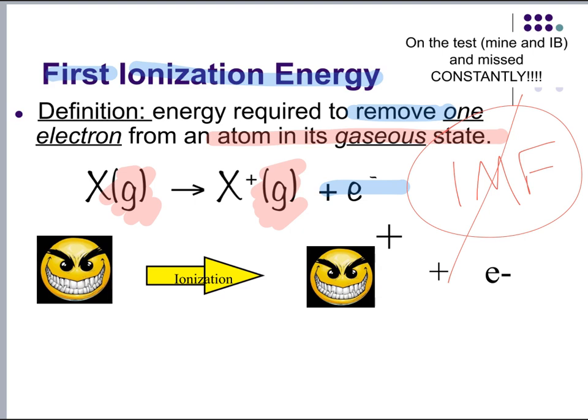We don't want to consider the attractions of exterior forces. Intermolecular forces would be the forces between an atom and another atom. We want to look only at the forces within this first atom and how much energy it takes to pry that electron off.